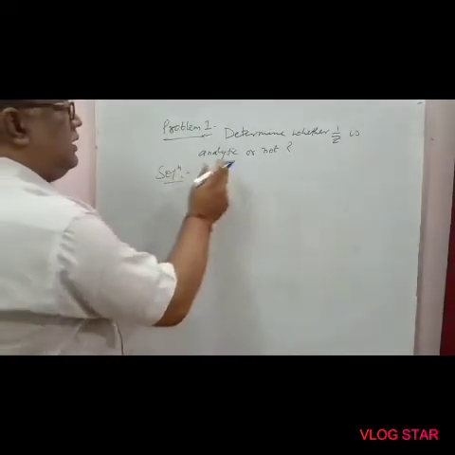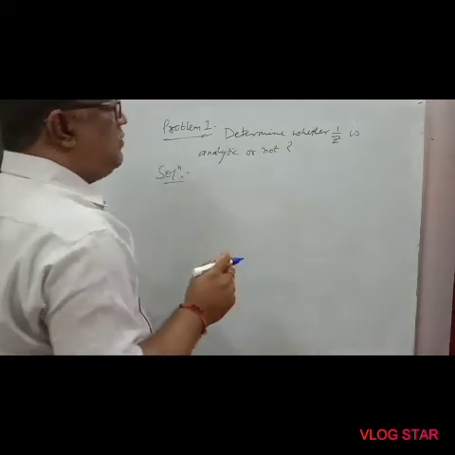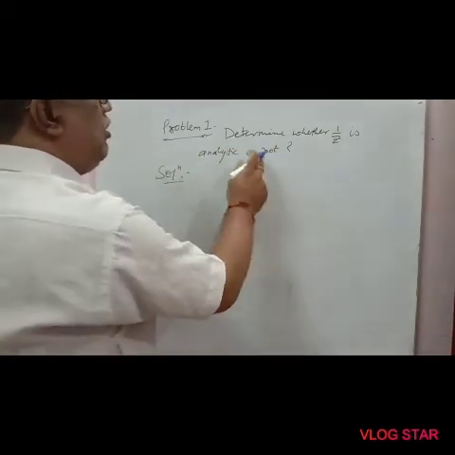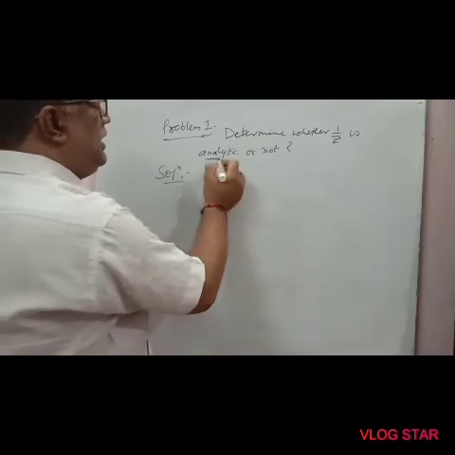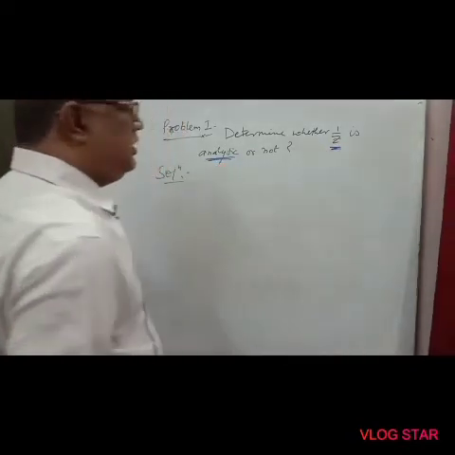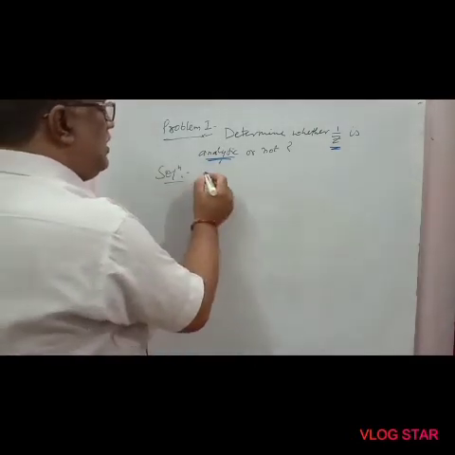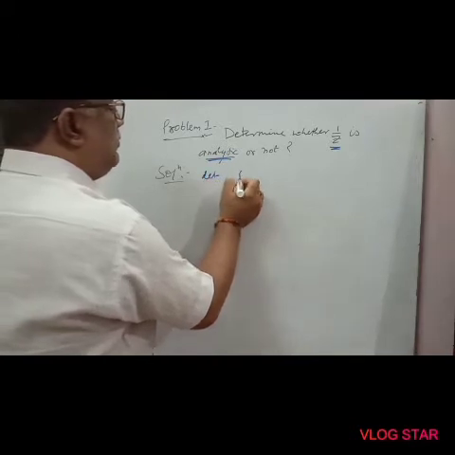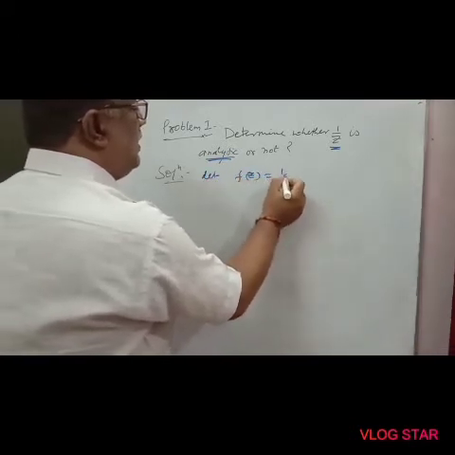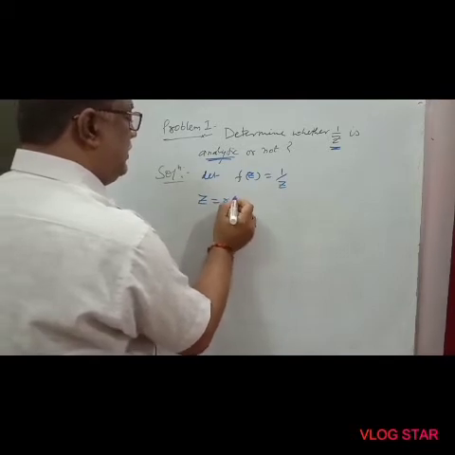Hello students, this is a problem. Determine whether 1 upon z is analytic or not. First you prove the analyticity of this function. It means first you write the solution. Let f(z) equal to 1 upon z. We know that z equal to x plus iy.